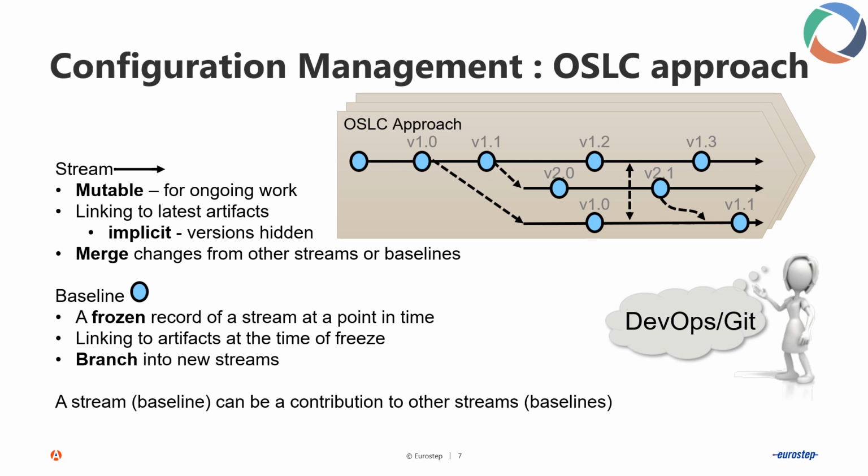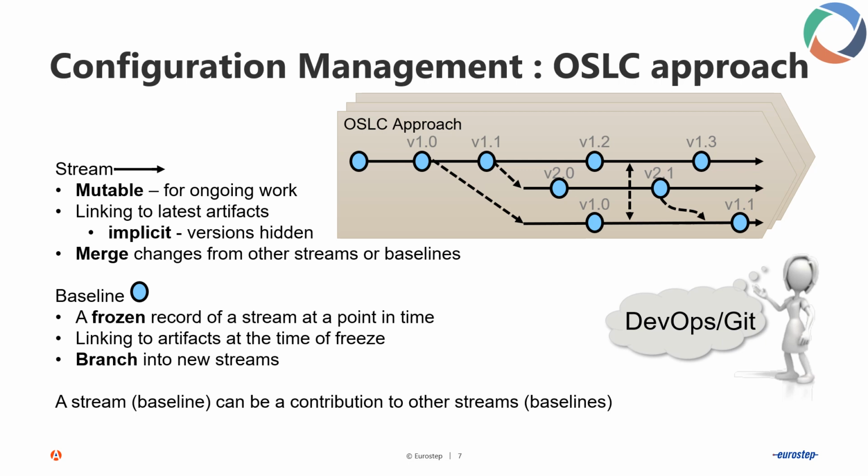The OSLC approach has streams and baselines. Streams, illustrated by these solid lines, are mutable and for ongoing work. They link to the latest of whatever the artifacts are in that stream, and versions are hidden, so normally a user does not see them.